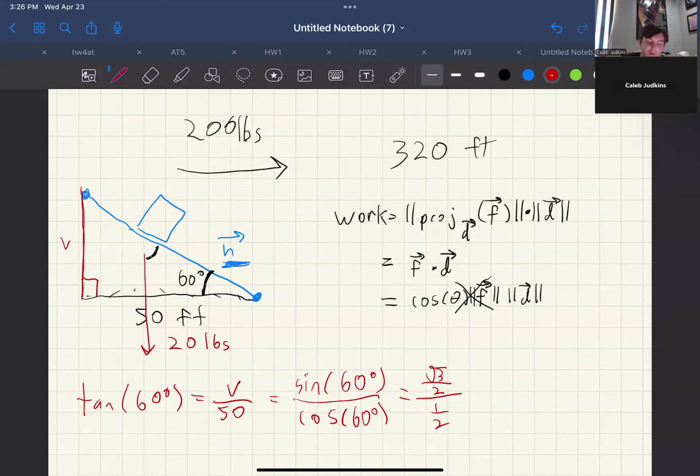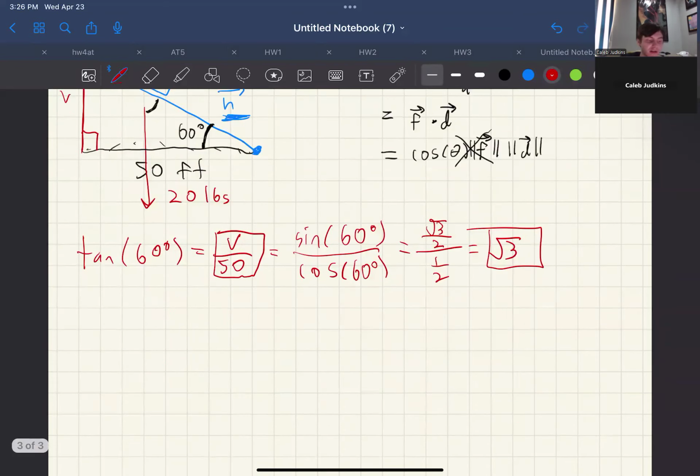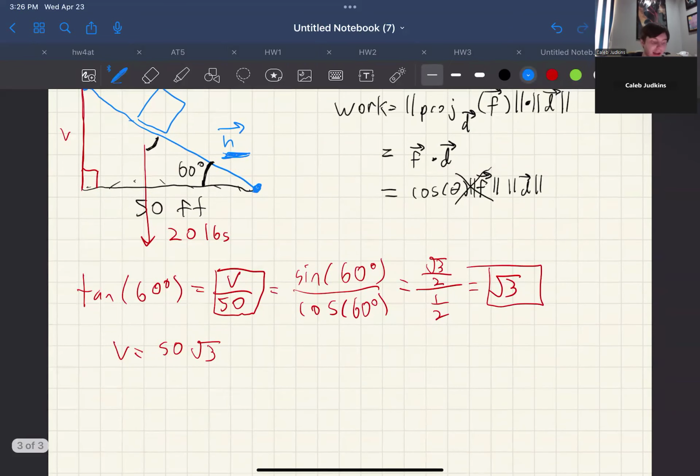So root 3 over 2 divided by 1/2 turns into just the square root of 3. So this means that V over 50 is tangent of 60 degrees, which is the square root of 3. To solve for V, I multiply both sides by 50 and get that V is 50 times the square root of 3.